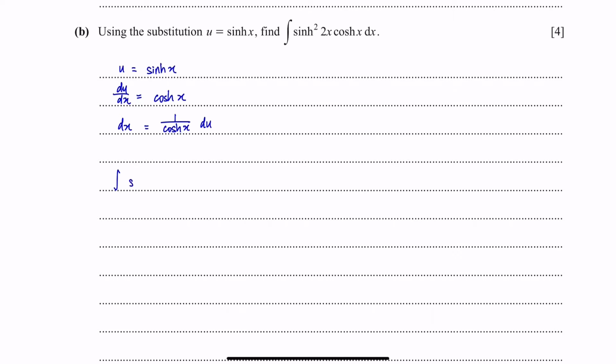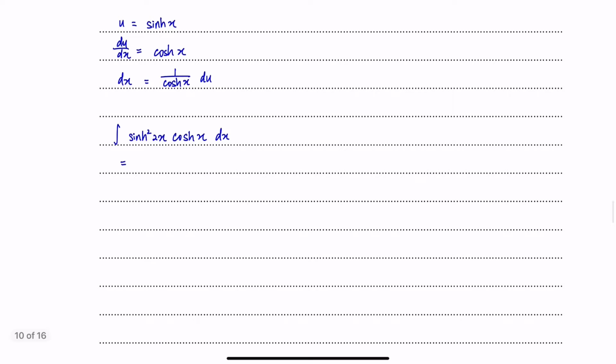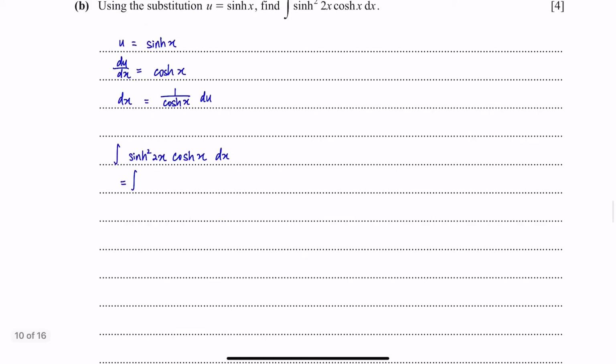So now the integration, we have sin squared 2x times cos x, and we can change sin 2x to 2 sin x cos x, which is given here.